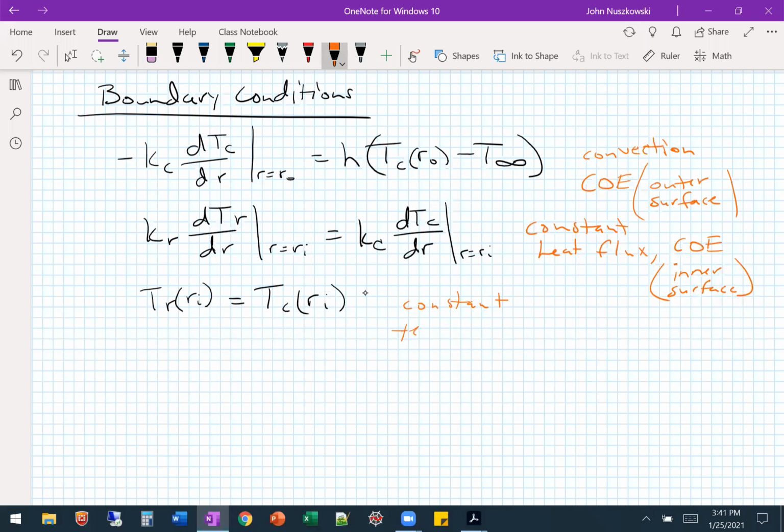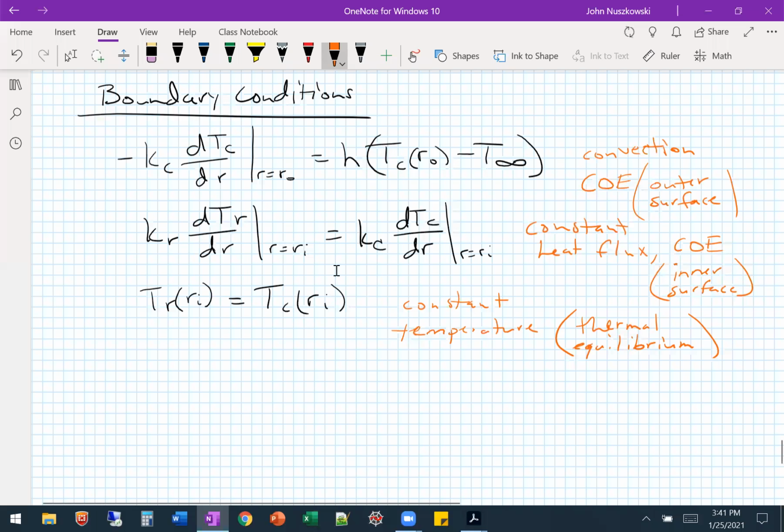Or I shouldn't say constant surface temperature. Yeah, it's steady state, so constant temperature, and that comes from thermal equilibrium. All right, so that's that one. Questions on that one?